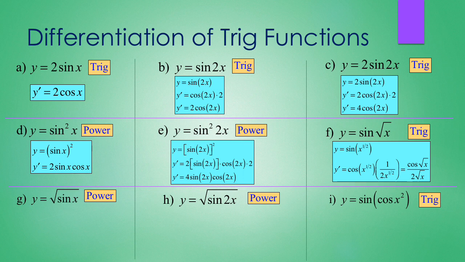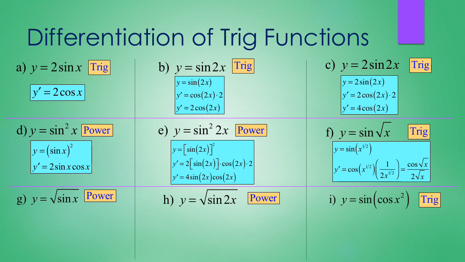We write the expression sine of 2x, and then have to take the derivative of sine of 2x, which we did in part B. That is cosine of 2x times the derivative of 2x, which is 2. The final answer is y prime equals 4 sine of 2x cosine of 2x.